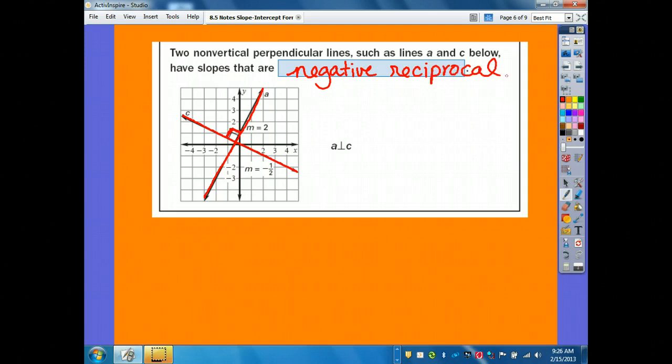the negative reciprocal. So if my slope is 2, what is its perpendicular slope going to equal? Well, it's not going to be 2.